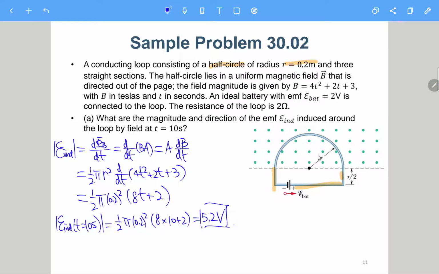So in this case, the induced B field should be into the page.